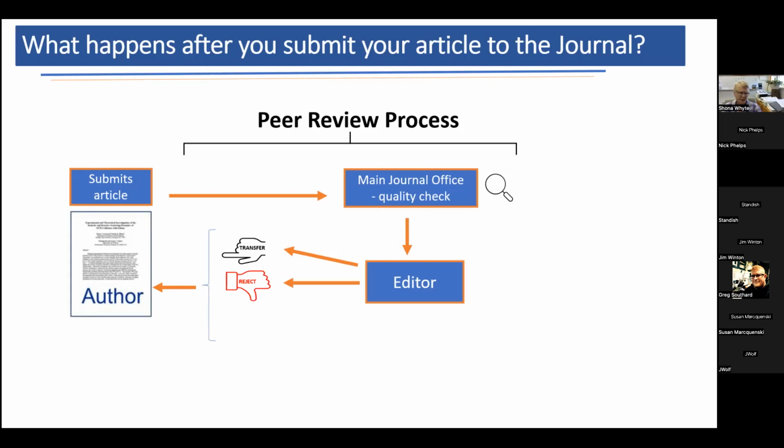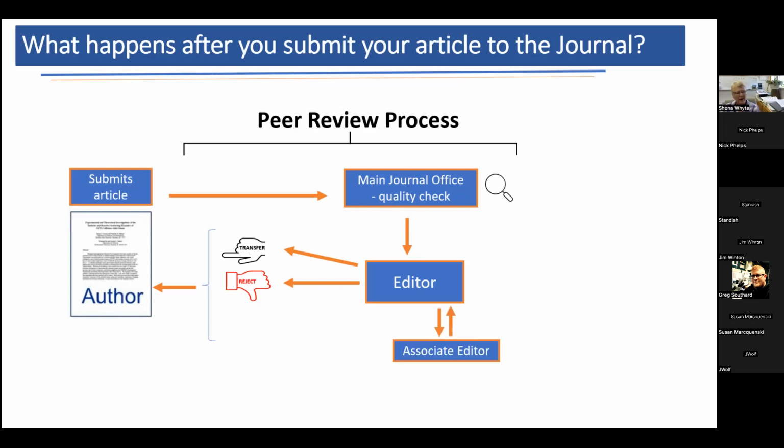And at this stage, the manuscript could be rejected for a variety of reasons, or it could be considered that it's not appropriate for this journal, and we could recommend that it's transferred to another journal within the Wiley publisher publication. So the Journal of Aquatic Animal Health is part of Wiley, which is the publisher.